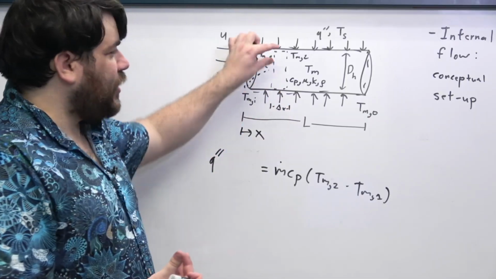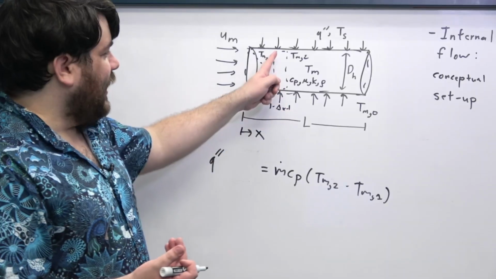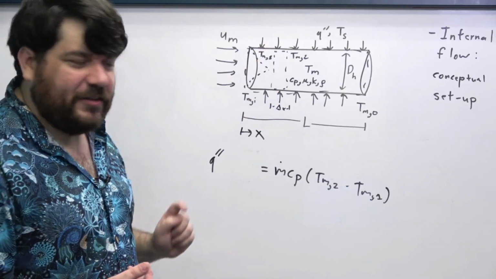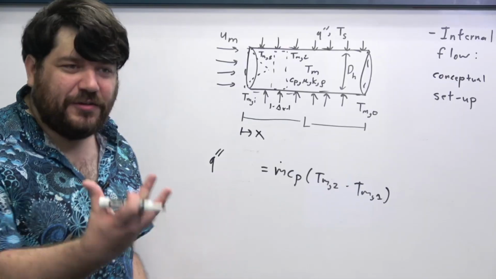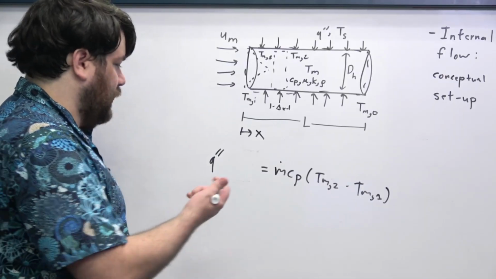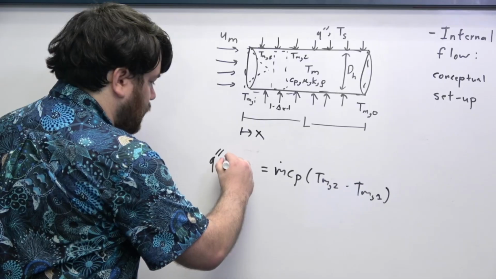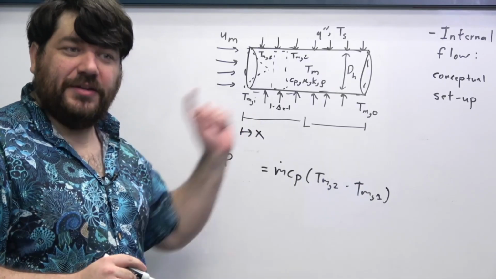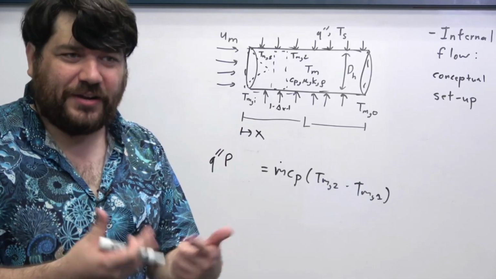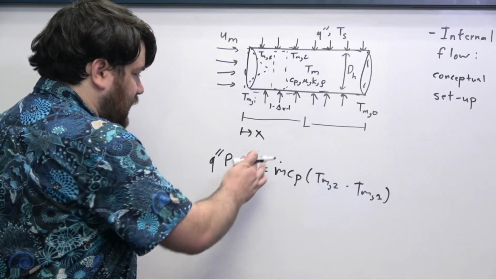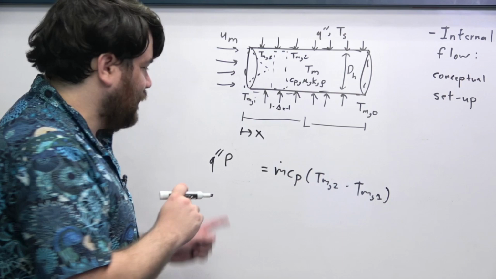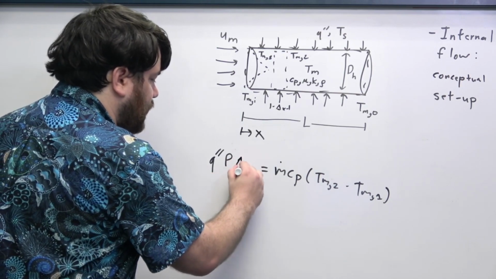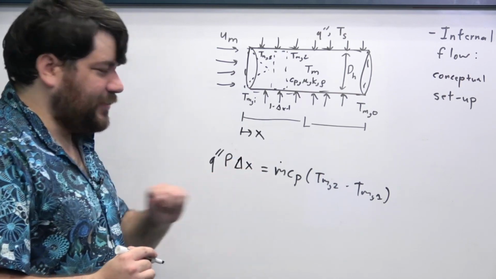And so the Q double prime is not going to vary that much as we move from the fake inlet to the fake outlet. And so we can approximate the total Q as just the multiplication of that Q double prime times the perimeter of the cross-section of the duct, times this thickness, delta x.